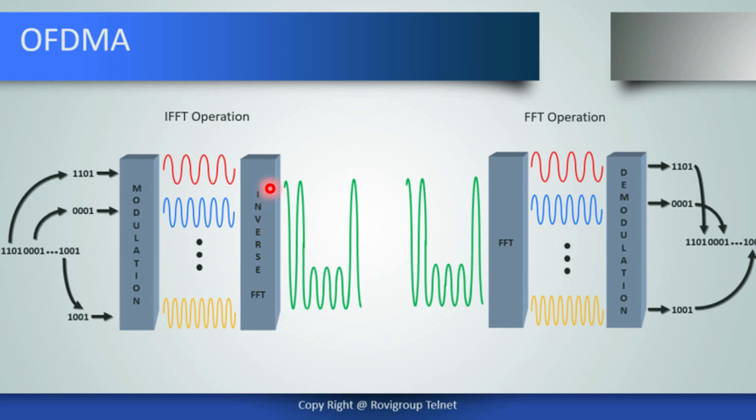What the inverse FFT will do is combine these modulated signals into a single signal, and that information would be sent. Similarly, the FFT operation will be done at the receiver side, and the one signal would be split into parallel streams of different signals. Then the demodulation will occur and we will have our information extracted.